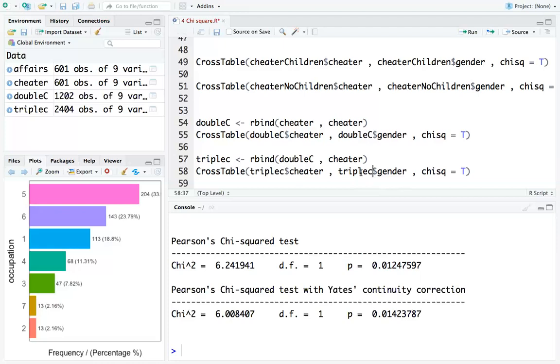So what I'm getting at is that this discussion of the gender part, okay? Yes, with this data set, there is no dependency between cheating and gender.